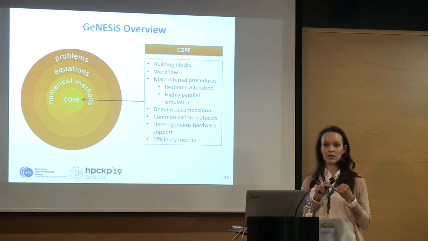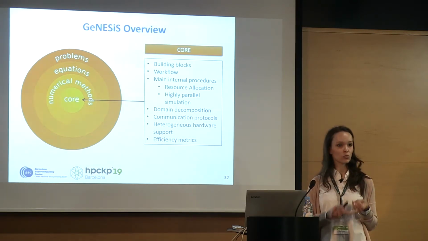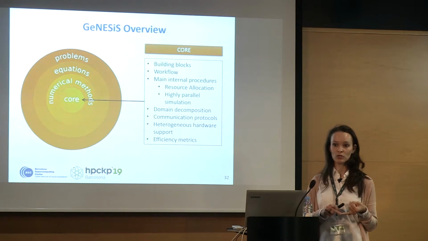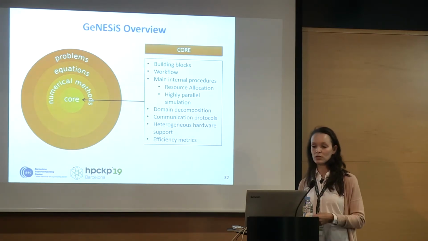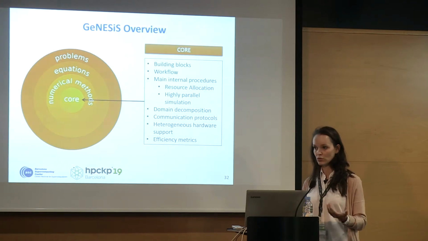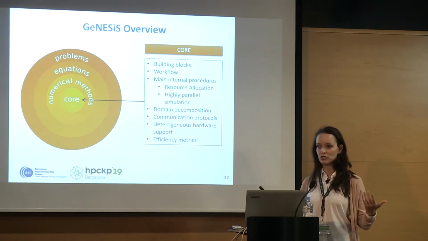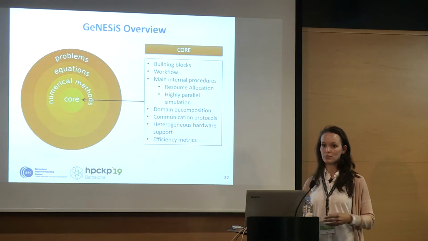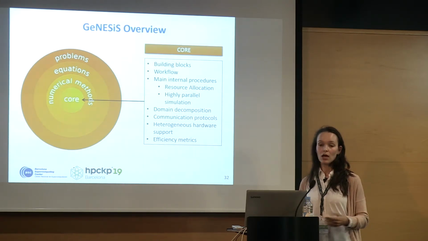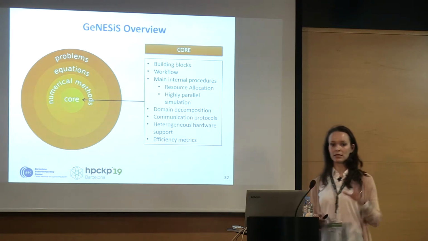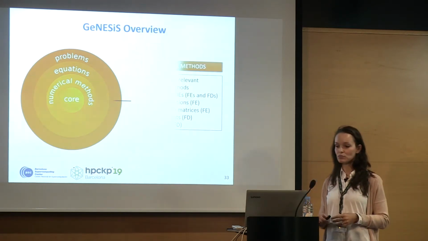It targets resource allocation. It identifies which target hardware you will be running on. It communicates a lot with domain decomposition, because when you're scaling, you need to share the meshes and the data between the different processors. And of course, it's targeting efficiency metrics and so on.